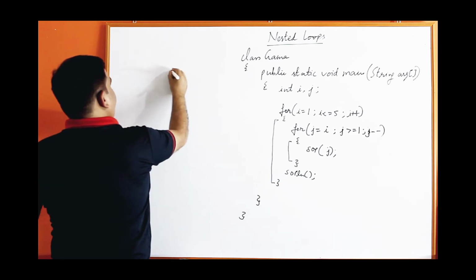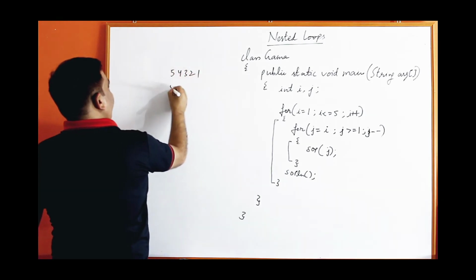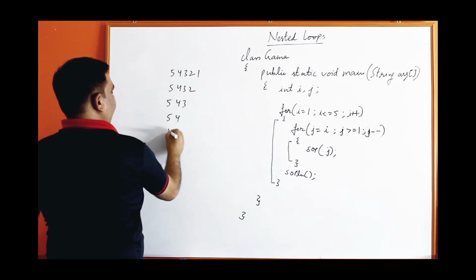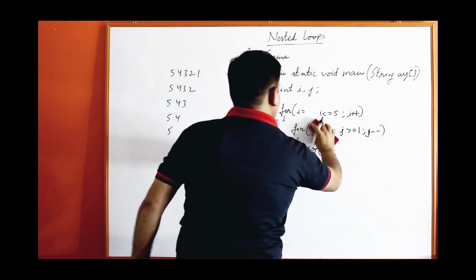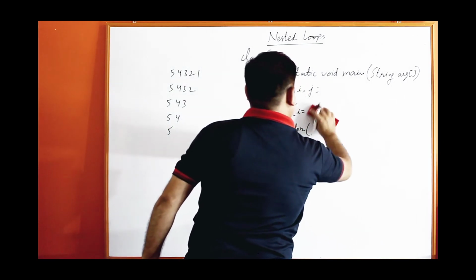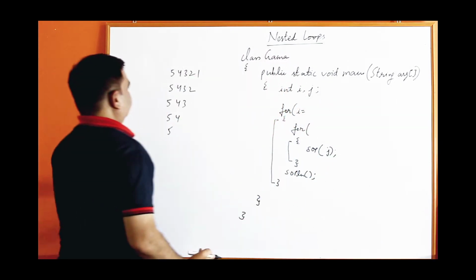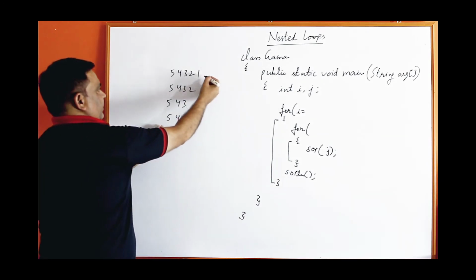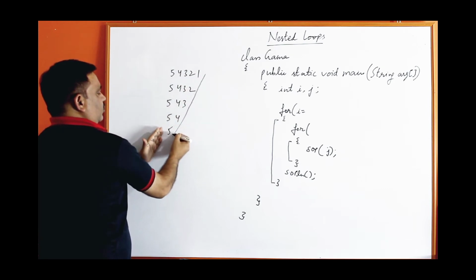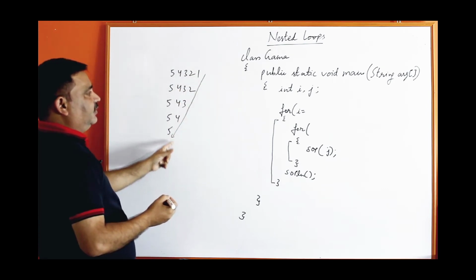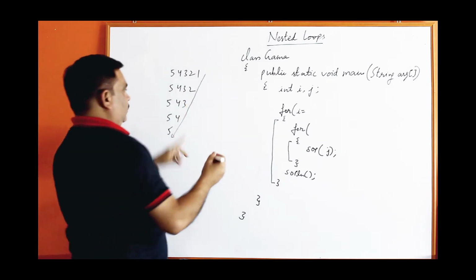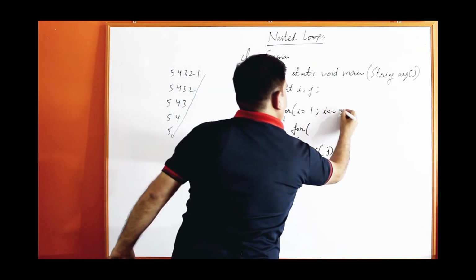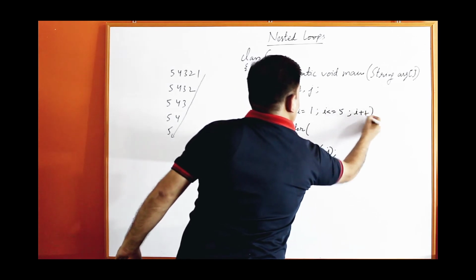If it is 5, 4, 3, 2, 1, then 5, 4, 3, 2, then 5, 4, 3, then 5, 4, and 5. How will you make this program? See vertically, here 5 is constant, here it is changing 1, 2, 3, 4, 5. So just make what is changing the outer loop: 1, 2, 3, 4, 5, I equals 1, I is less than or equal to 5, I plus plus.